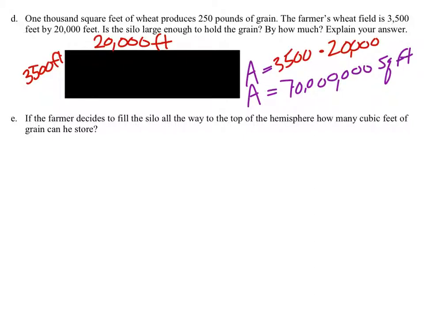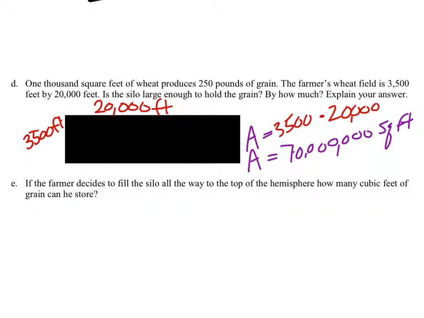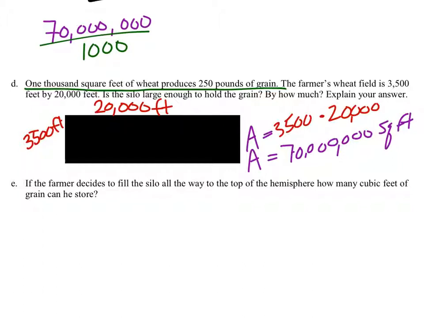And what we really want here now is how many pounds of grain that will be. Now this says that 1,000 square feet will give us 250 pounds of grain. So let's figure out how many thousands that is. We got our 70 million square feet, and if we divide this by 1,000, then we will know how many thousands of square feet we have.